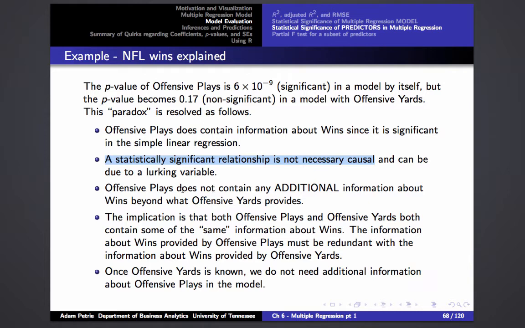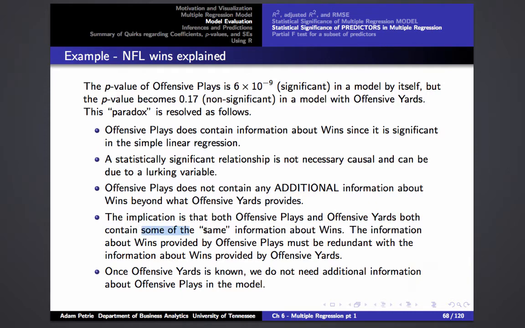So in this case, what we learned from the multiple regression is that offensive plays does not contain any additional information about wins beyond what offensive yards already provides. So the implication is that yes, offensive plays does contain information about wins. Offensive yards also contains information about wins, but the information they provide about wins somewhat overlaps.